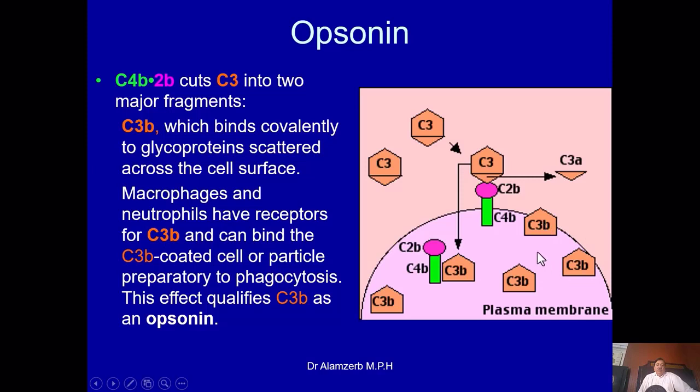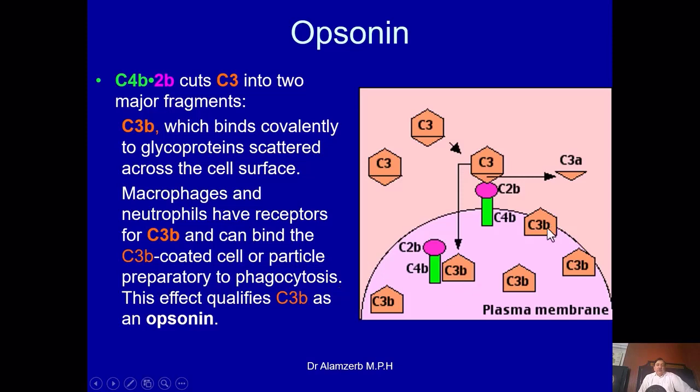This is actually deposited or decorated on the cell membrane. On the other hand, the neutrophils and macrophages are present and they have receptors for this C3b, and then they bind to the C3b coated cell or particle preparatory to phagocytosis.